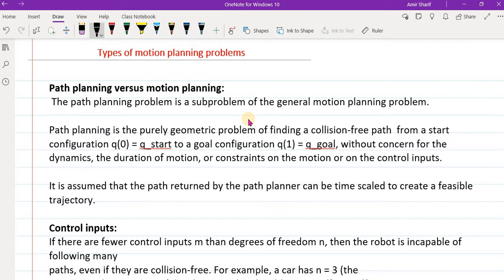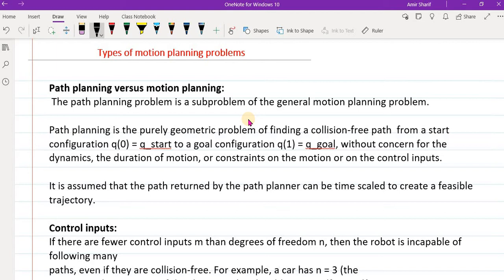But we haven't covered dynamics in this course, because the objective of this course is different, and the dynamics portion is not within its scope.